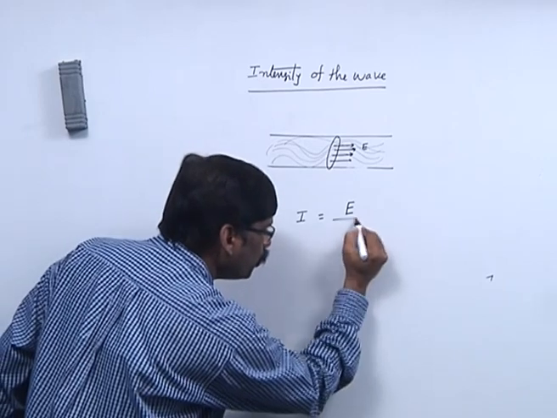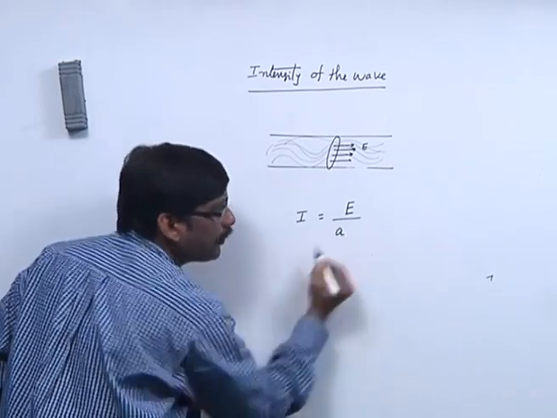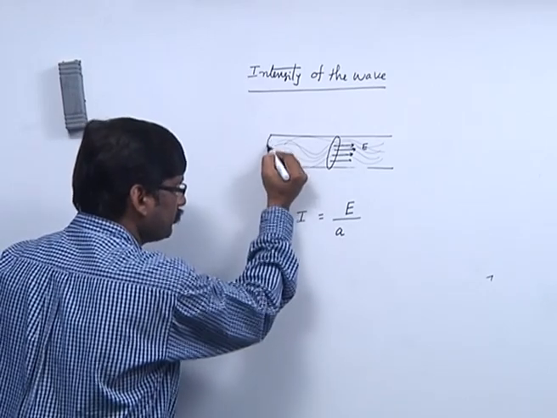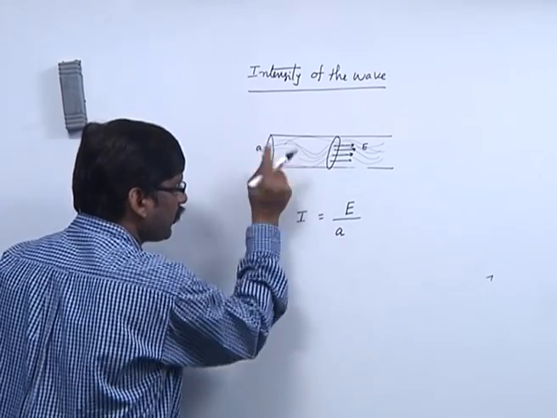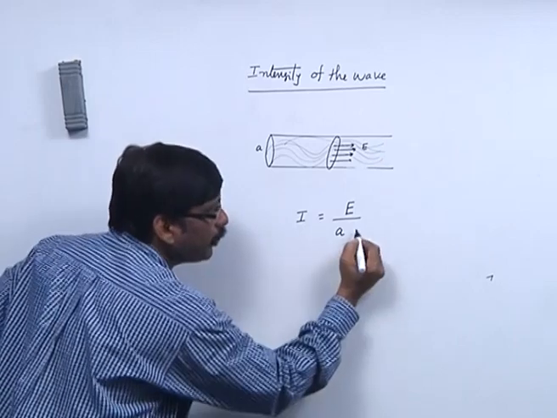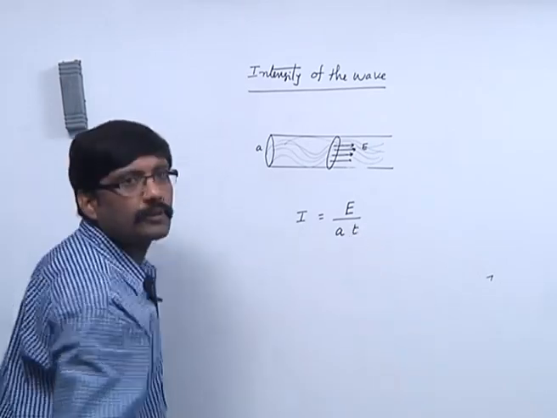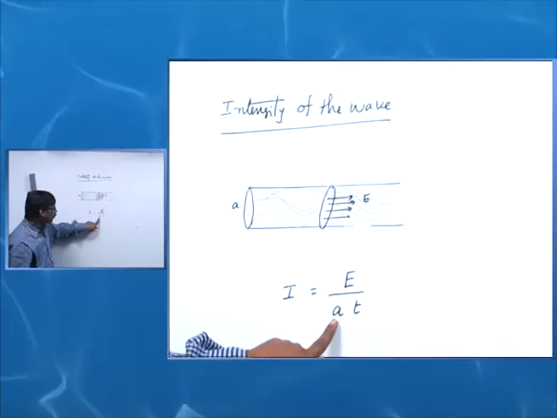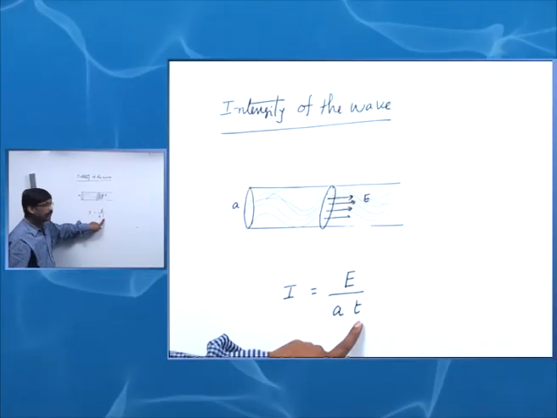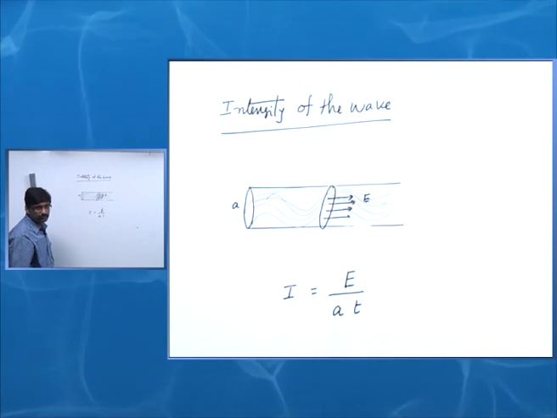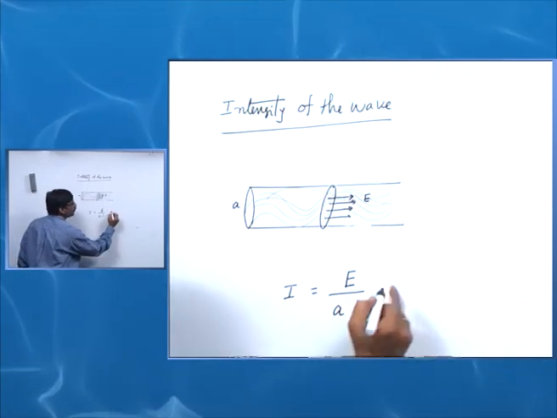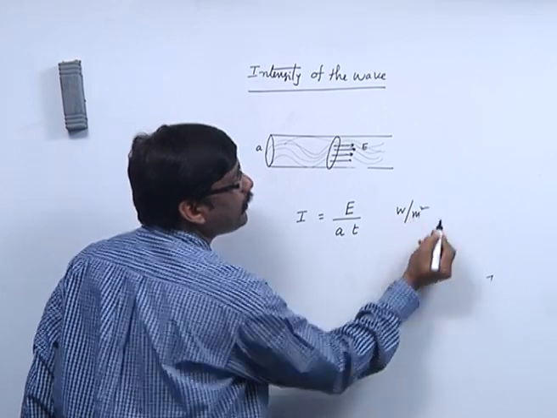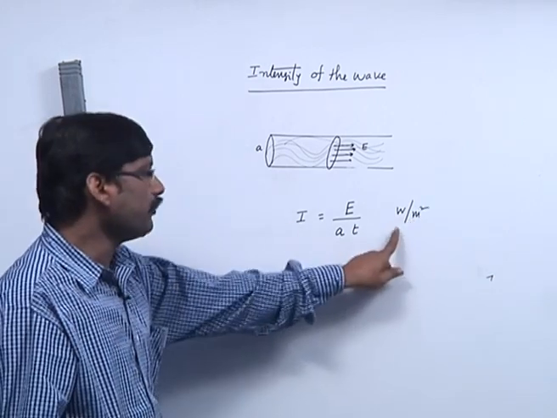The average energy flowing through unit normal area per unit time is called the intensity of the wave. The area must be normal to the propagation. The unit is watt per meter square.